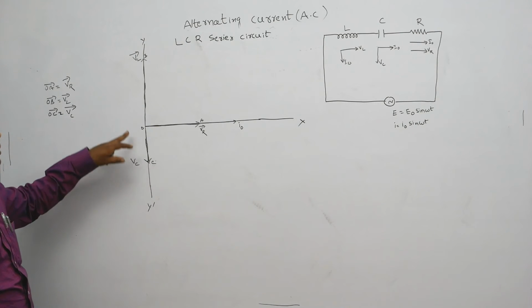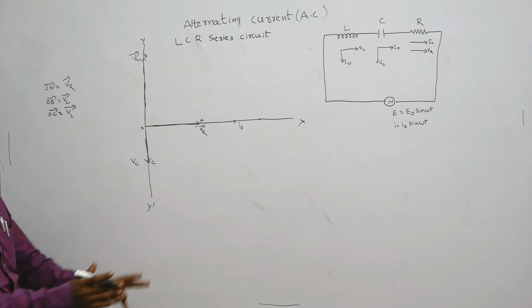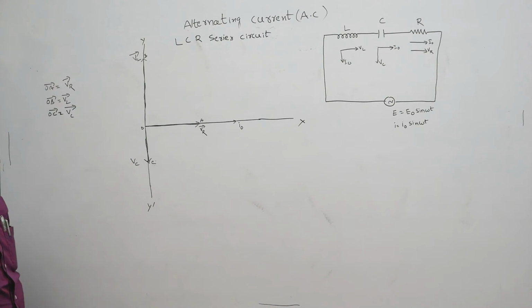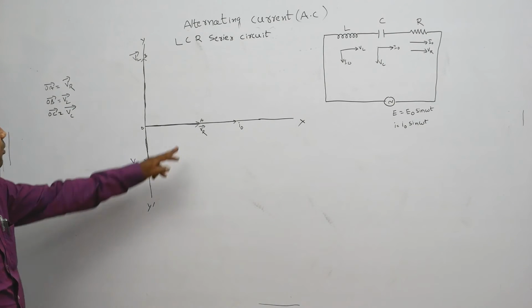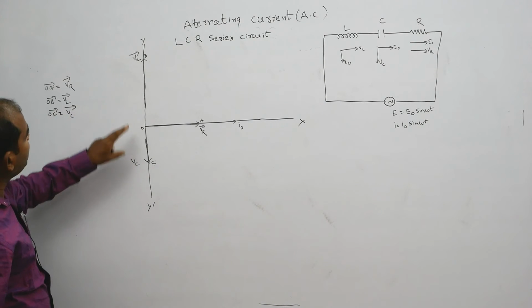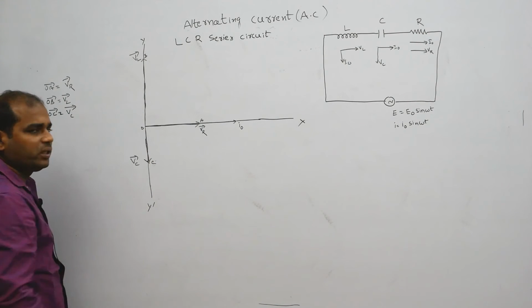Now these three phasors we drew here. Let us find out the resultant EMF. What would be the resultant of VR, VC and VL? What would be the direction of the resultant of these three EMF phasors? Now come to OB and OC, that means VL and VC. They are in opposite directions.